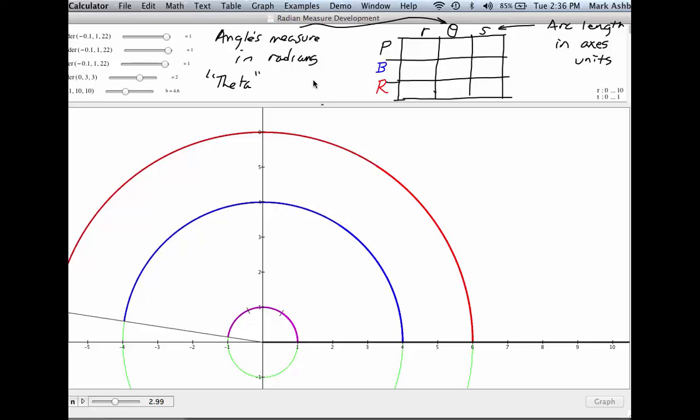Okay, so Joe, did you get the first row on the table? The purple circle. Did you get that? No? Okay, well, let's do it together. What's the radius in the purple circle? 1. Okay? What's the openness of this angle in radians?